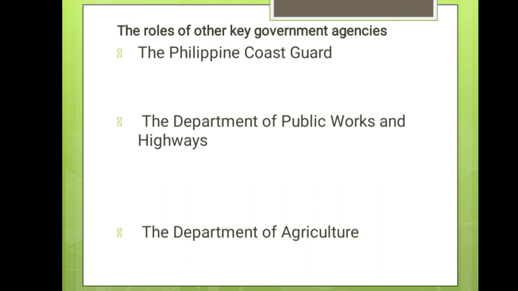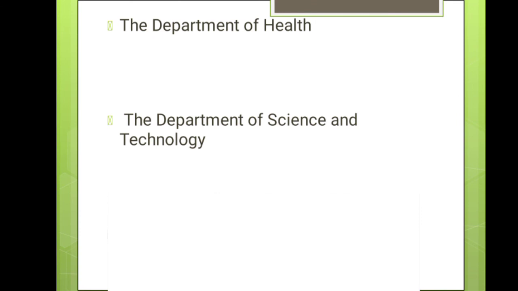Next, the Department of Health. They shall set, revise, and enforce drinking water quality standards. The Department of Science and Technology. They shall evaluate, verify, develop, and disseminate pollution prevention and cleaner production technologies.